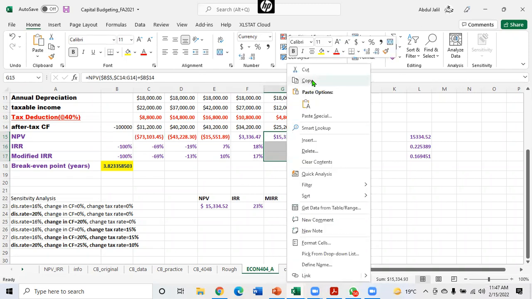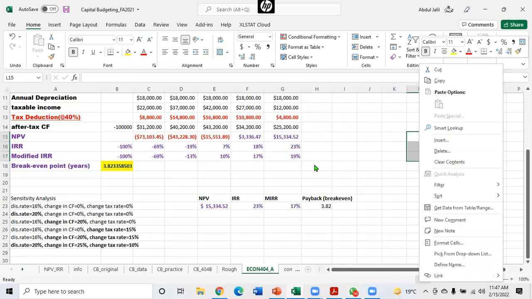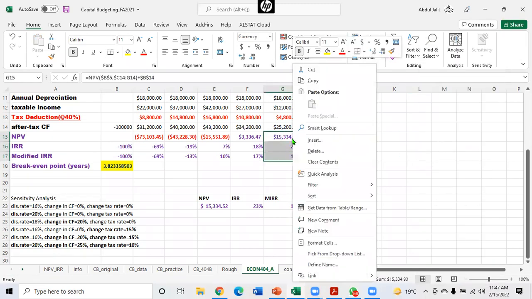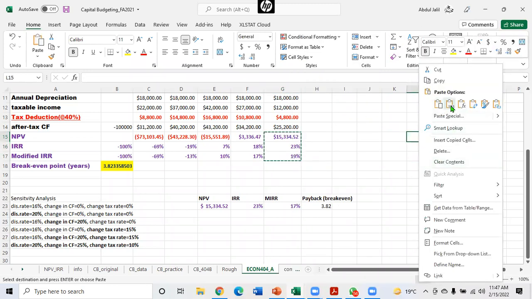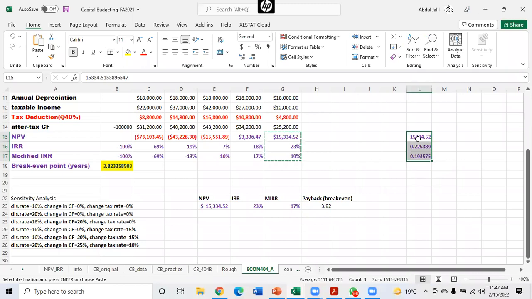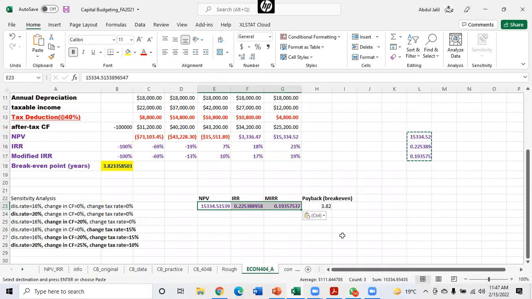So copy, delete that, and then, sorry, first you copy it as a number and then copy it, transpose, it will be replaced, right?